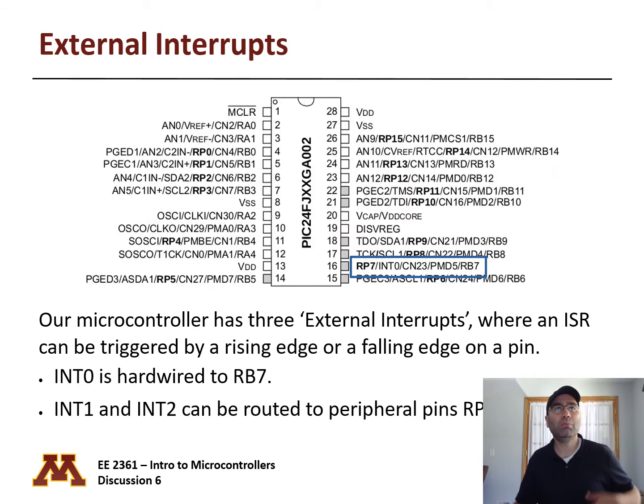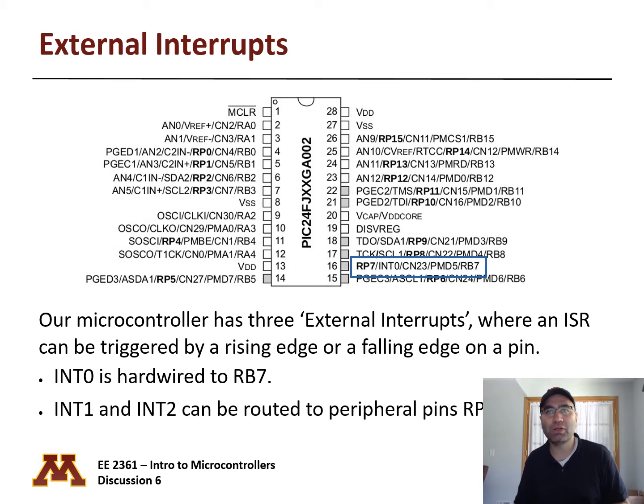So our microcontroller has 3 external interrupts, where an ISR, interrupt service routine, can be triggered by a rising edge or a falling edge on a pin. INT0 is hardwired to RB7, right? So here you see RB7 and INT0.